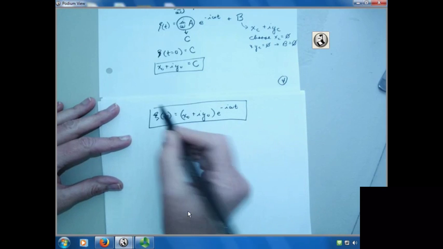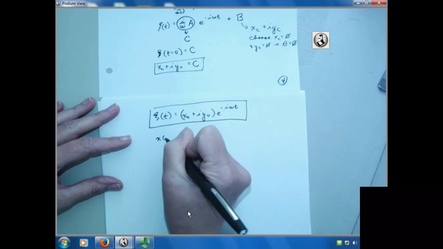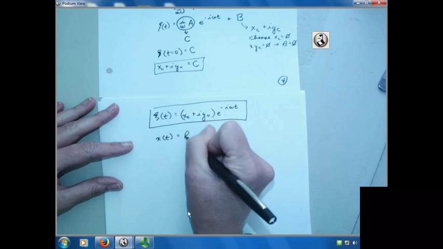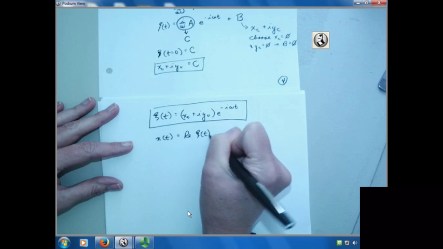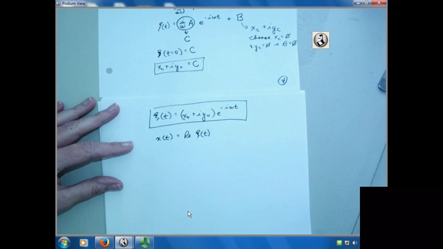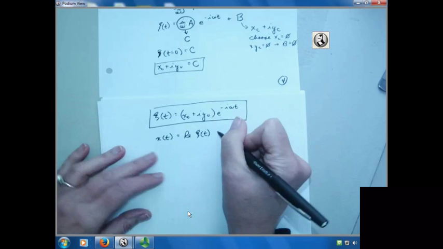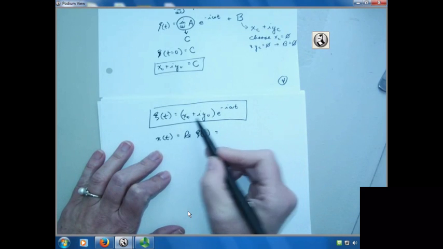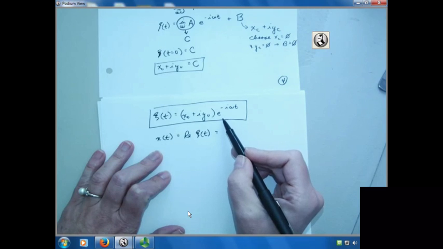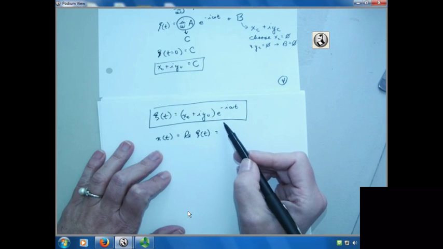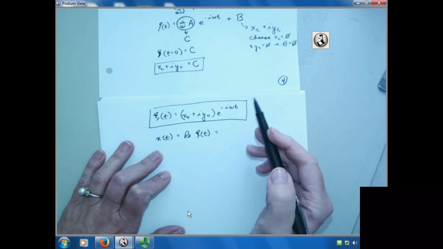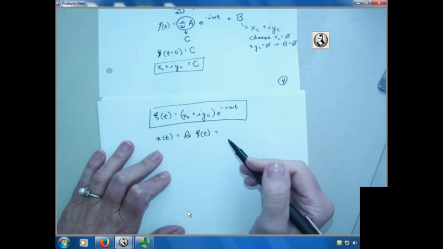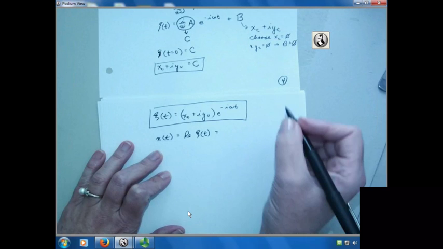All right. And now, if I want x as a function of time, I have to take the real part of it. All right, and so that gives me, let's see, I've got x naught plus i y naught times cosine of negative omega t minus, cosine of omega t minus i sine omega t.